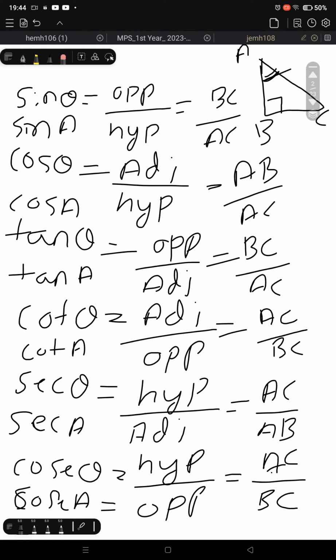Let us now take C. How it will change, let us see. When we take sin C, this is the angle we are highlighting over here. Yes or no?